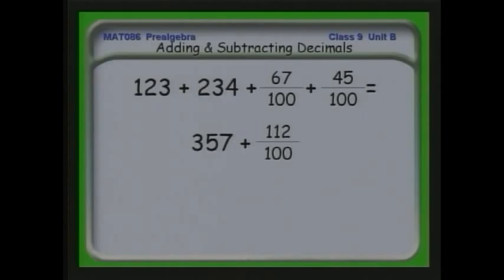When I add them, it's easy enough to add the whole parts. 123 added to 234 is 357. Good enough. Now I'm going to do the same thing to the fractional parts. And when I do, I see I get 112 100ths.